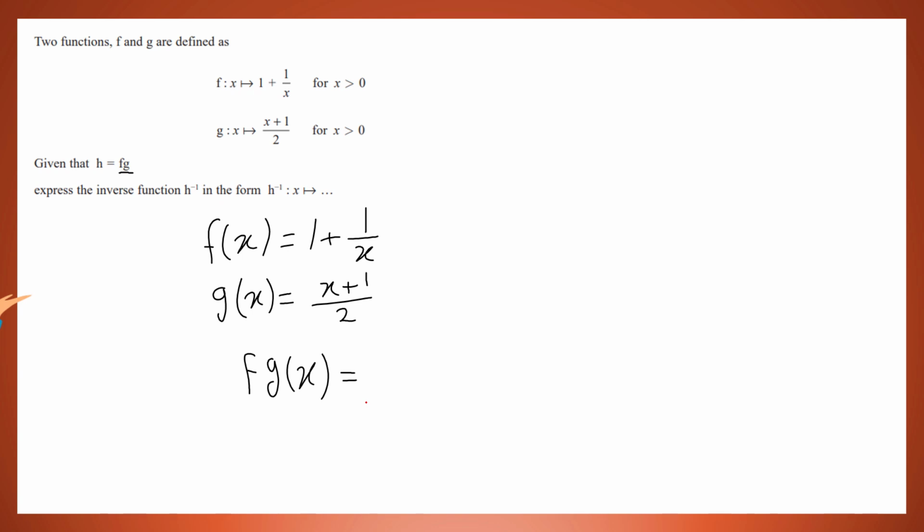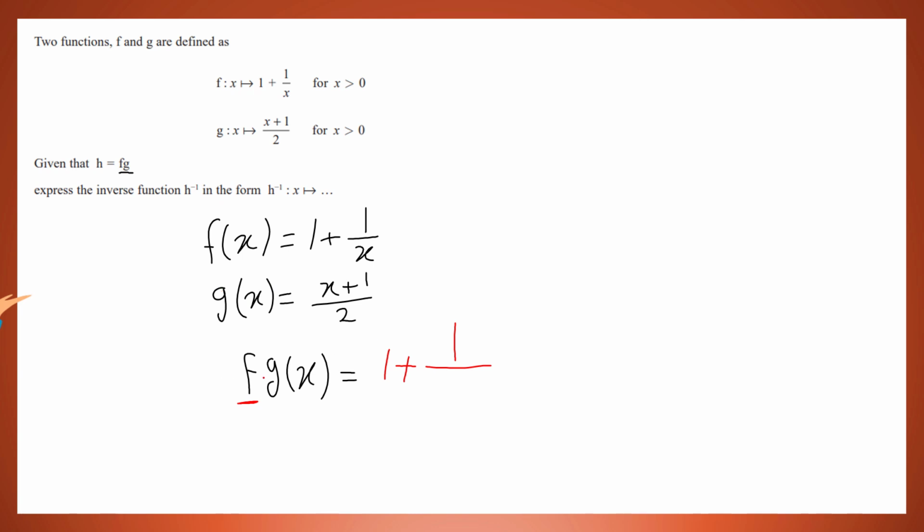First of all, look at the first letter. The letter f is 1 plus 1 over x. So what you will do is write the function of the first letter as it is. If this is f, you write 1 plus 1 over, but the only difference is you remove all x's of f of x and replace it with the complete function g of x.